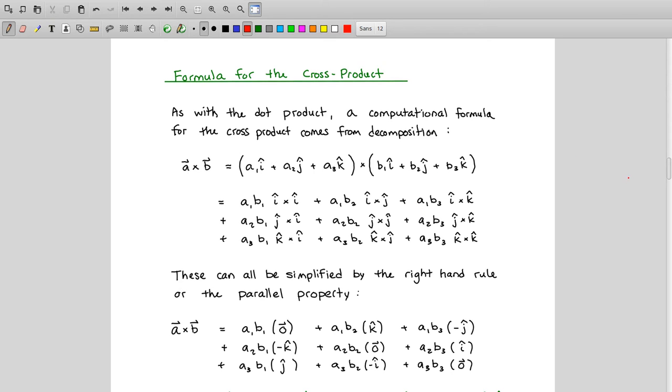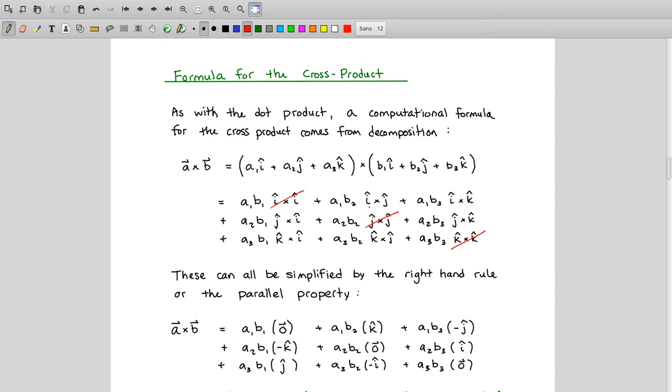Just like we saw with the dot product, some of these can simplify. We haven't yet established the parallel property at this point, but we anticipate that parallel vectors will have a 0 cross product, which means that this term will vanish, and this term will vanish, and this term will vanish.